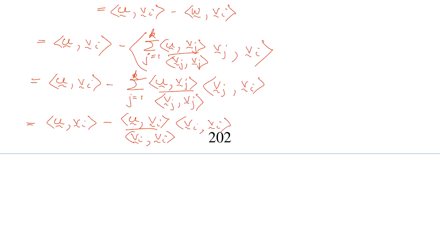And lo and behold, you've got the same inner product upstairs and downstairs, so they cancel. And you just have the inner product of U and Vi minus the inner product of U and Vi, which is 0.